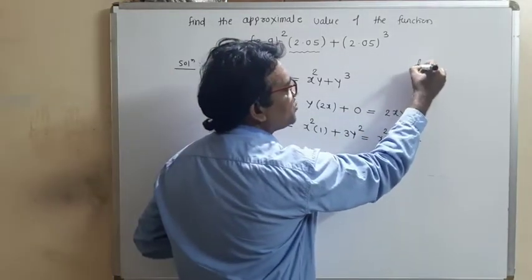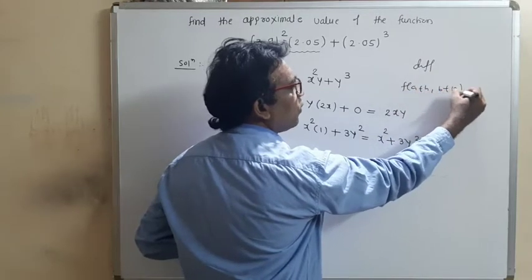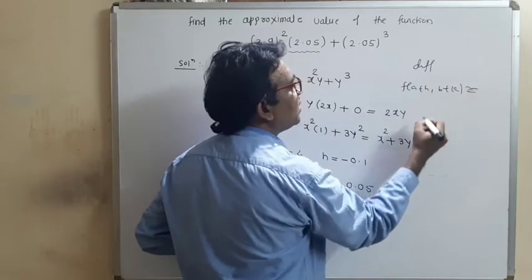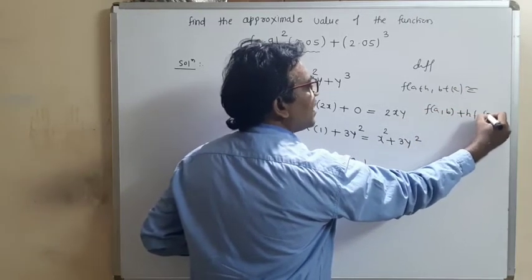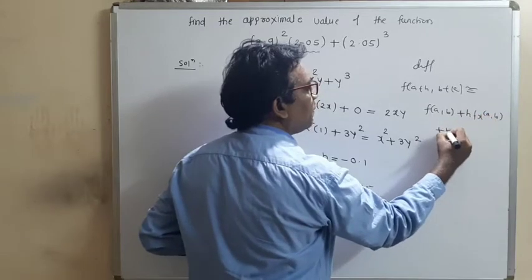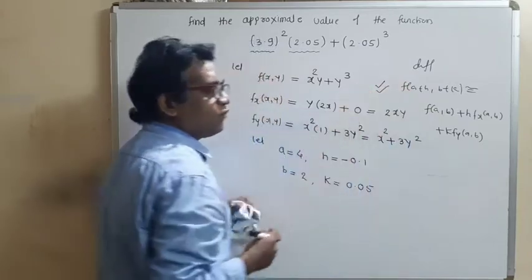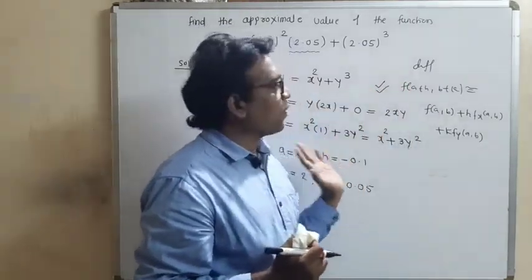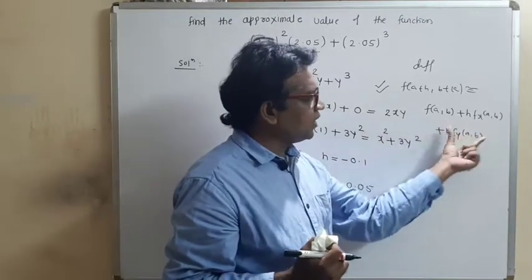This differential formula contains the functional values: f of a plus h, b plus k is equivalent to f of ab plus h fx at ab plus k fy at ab. So this is the differential formula by which we can find out any approximate value of the given function. So let us find out these 3 functional values.